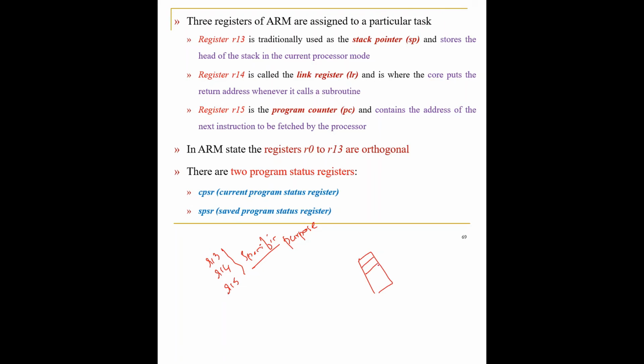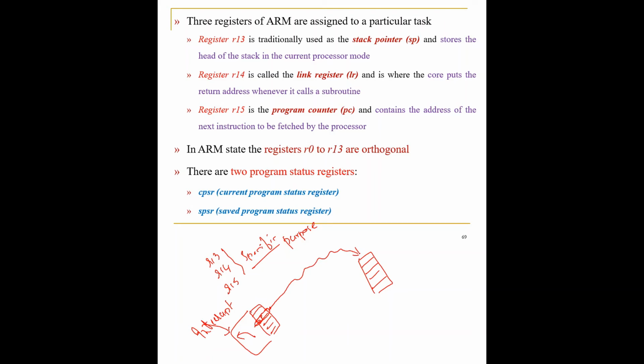Let's say this is your stack. So let us say that this is your processor and this is your register. The data in this register is getting processed, okay? Suddenly you get an interrupt. Once you get an interrupt, your program will stop the execution of this particular data and it will jump to the next part of the program. So what should happen is, I want this particular data to be stored somewhere.